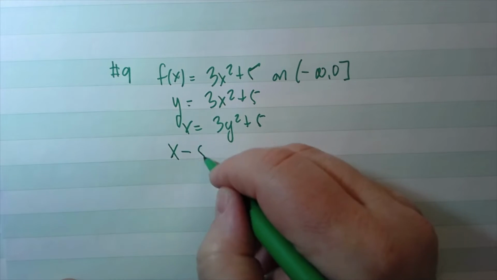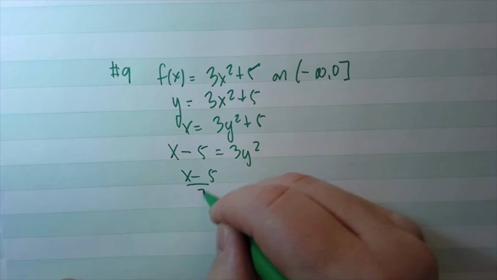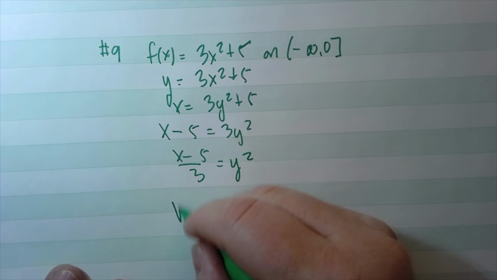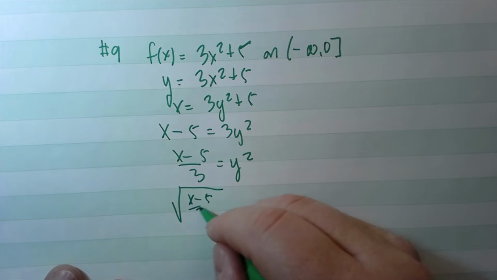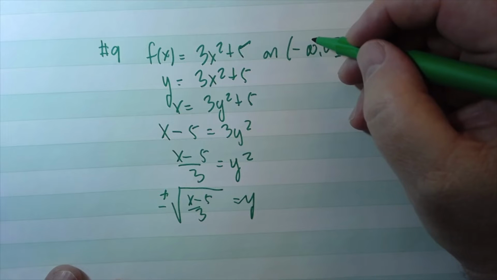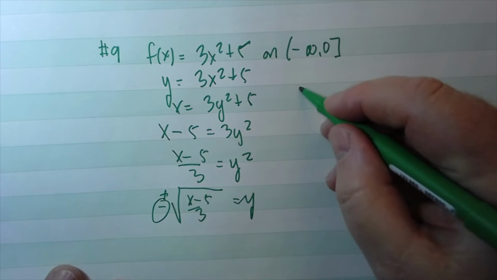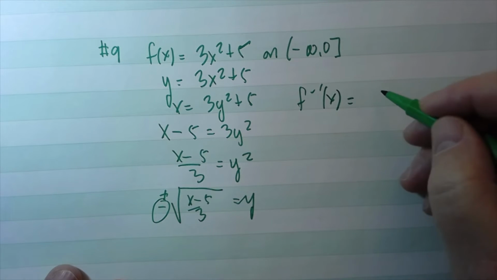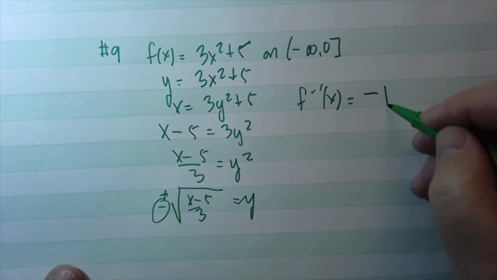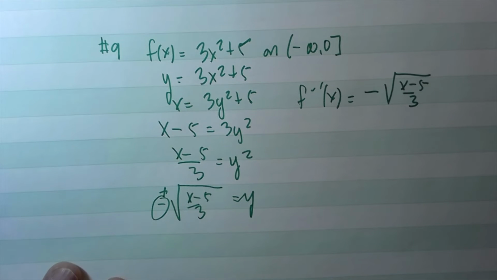So I subtract over the 5, divide by 3, now take the square root, plus and minus. Now, because this is the negative side of the parabola, we're going to go with the negative one. So since there's nothing more to do other than just switch it, we're going to get f inverse is negative square root of (x minus 5) over 3. And we have our inverse.